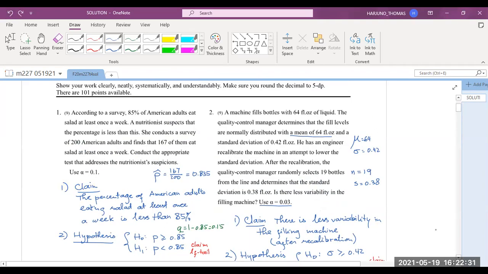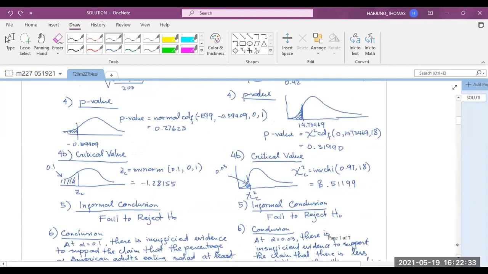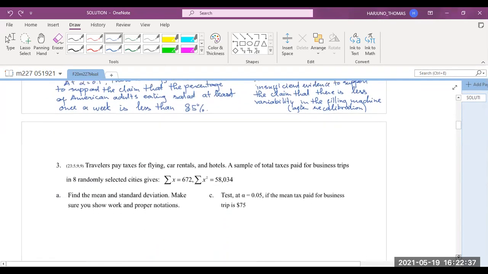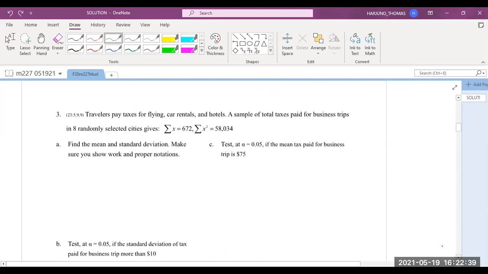Let's go on with number 3. I think my number 3, page 2, only 1 question. Travelers pay taxes for flying, car rentals, and hotels. A sample of total taxes paid for business trips in 8 randomly selected cities gives the following.